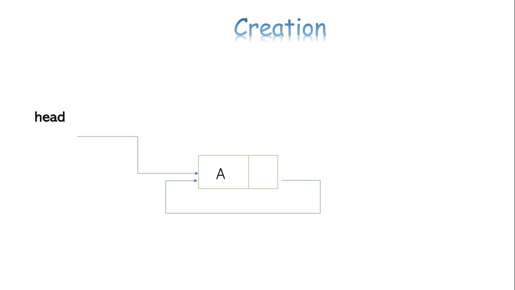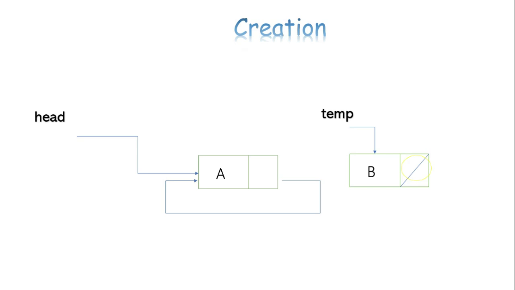Suppose you wish to add another node to this current circular singleton list, then the same process happens. Say we use temp again as the variable to hold the new node, and the new node contains data B and the next part points to null. Then to insert this new node, we have to pay attention to temp.next.